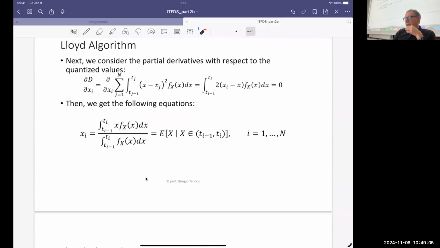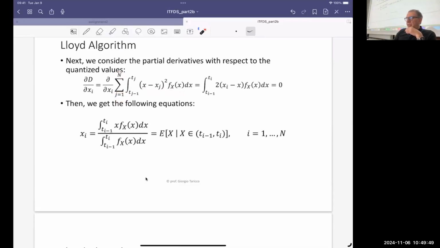Continuing our calculation of the partial derivatives, we calculate the derivatives with respect to the quantization points. And these derivatives involve only one of the n integrals that we have in this sum. The integral that corresponds to j equal to i, because that's the only case where xi appears in the integral. And that's the integral from ti minus 1 to ti of x minus xi squared times the probability density function.